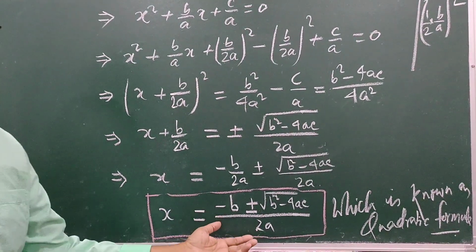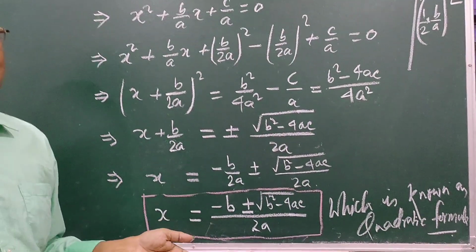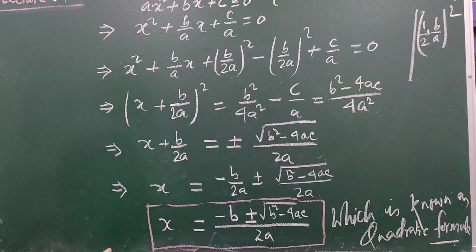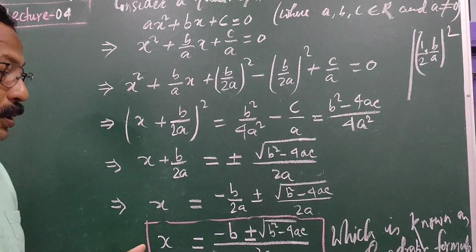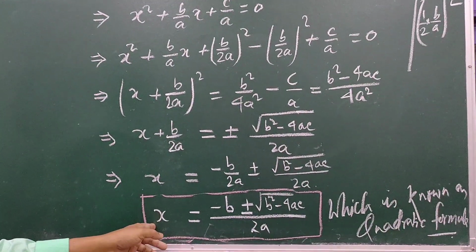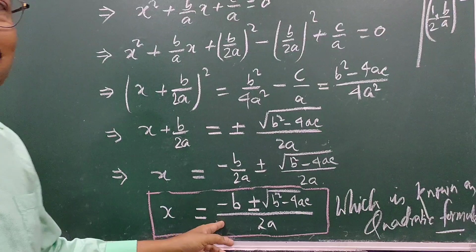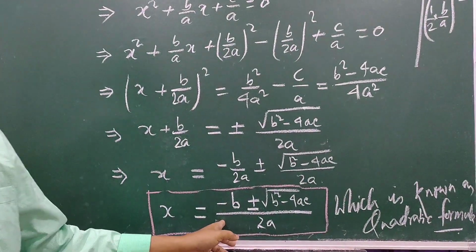We have two roots. If we are given a quadratic equation whose coefficients and constant terms are known to us, we can find the roots by using this quadratic formula.